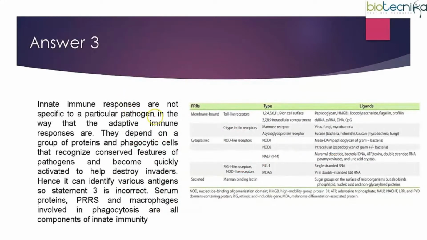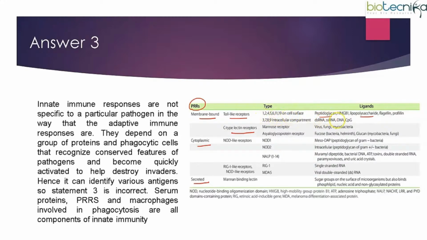Here we can see more details about the pattern recognition receptors. They are of different types. They can be membrane bound, cytoplasmic, or secreted. If you follow this table, the membrane bound ones can be toll-like receptors or C-type lectin receptors. Toll-like receptors are of different types that identify different ligands, like lipopolysaccharide, peptidoglycans, and flagellin.